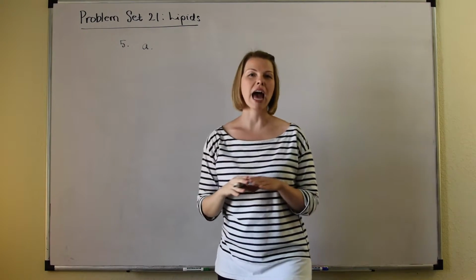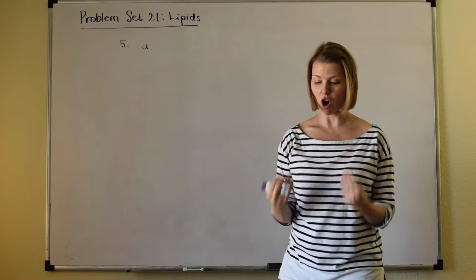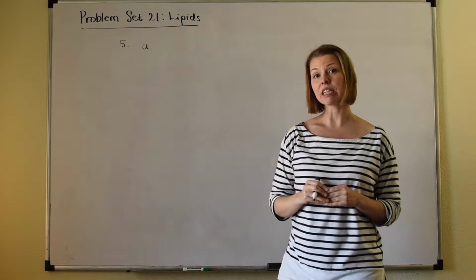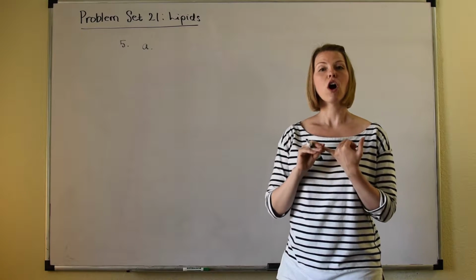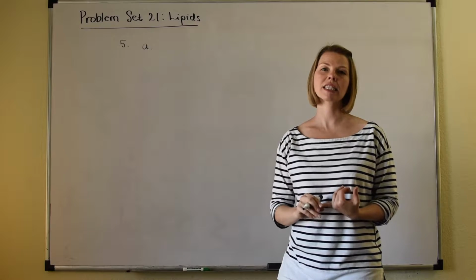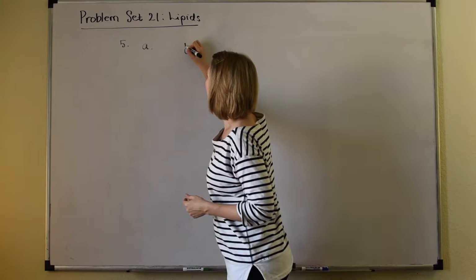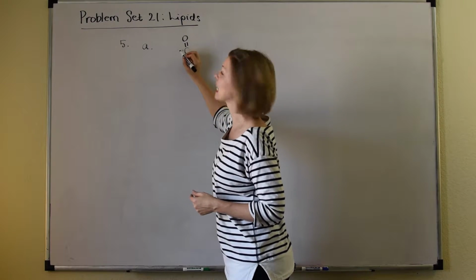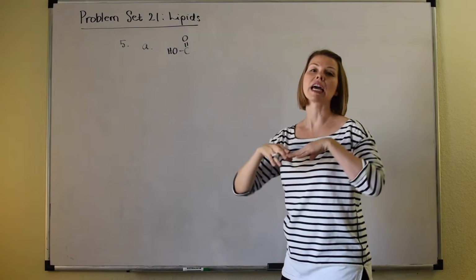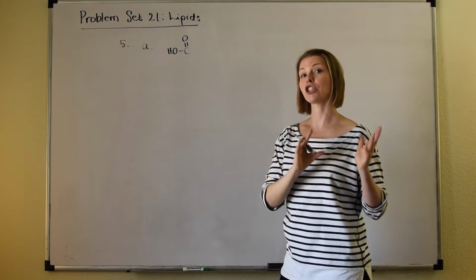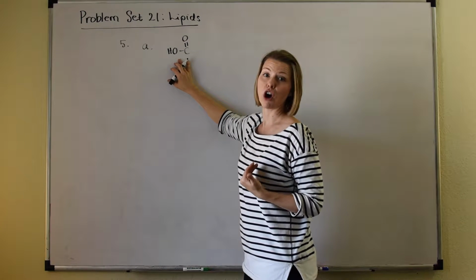Okay, so we're going to draw the fatty acid known as lauric acid. We have all the information that we need given here in the problem. We know that it is a saturated fatty acid, so only carbon-carbon single bonds, and we know that it has 12 carbons. So draw your carboxylic acid. Remember, all fatty acids have a long hydrocarbon tail attached to a carboxylic acid. So draw your carboxylic acid and then 12 carbons.